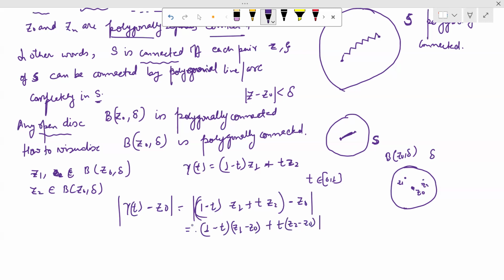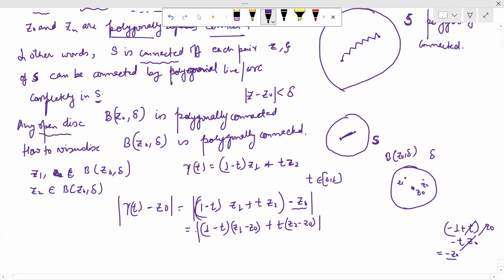Just think about it. See, if I take this, the first term gives minus (1 minus t) z0, and this term gives minus t z0. So this cancels, and you will get simply minus z0. Is that fine? Write minus z0 like this, and these both things are same.